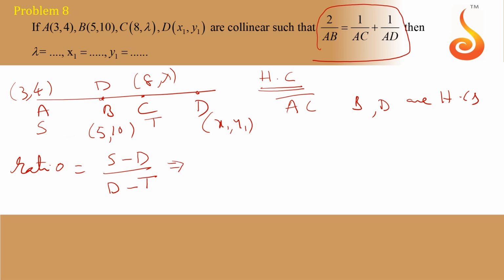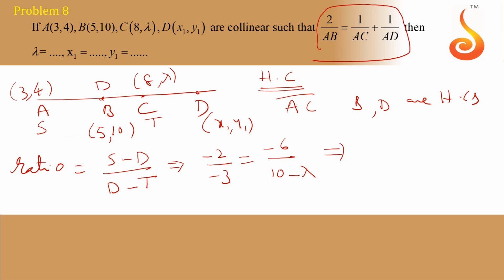If you use x coordinates, 3 minus 5, how much? Minus 2 by 5 minus 8 minus 3, equal to, let us use y coordinates, 4 minus 10 minus 6, 10 minus lambda. I told you if they are collinear, if the division is really taking place, the two ratios must be equal.